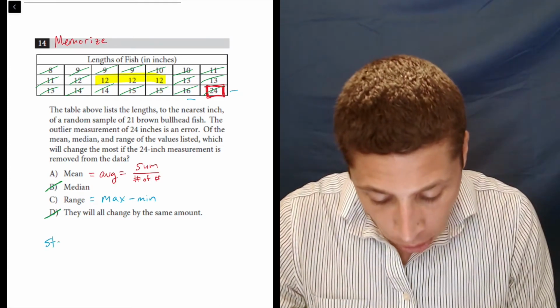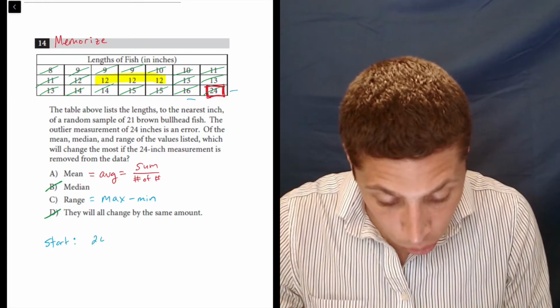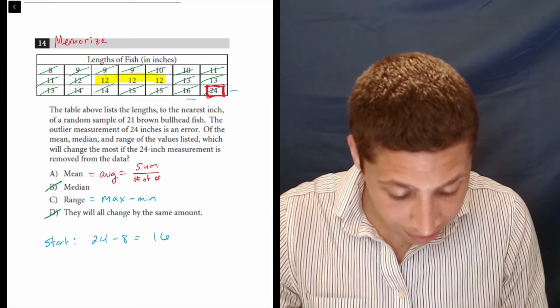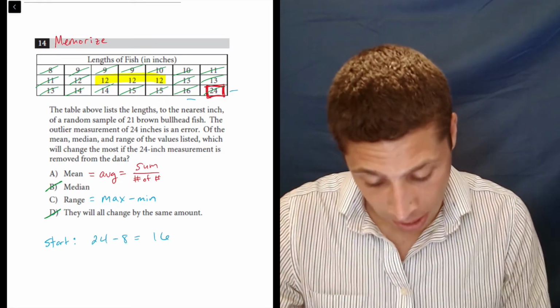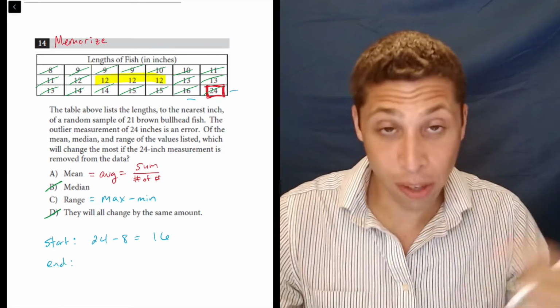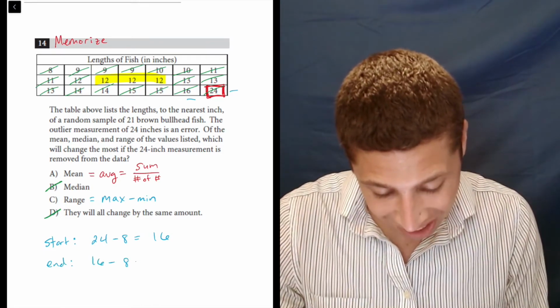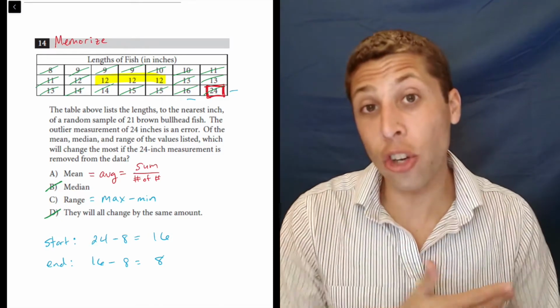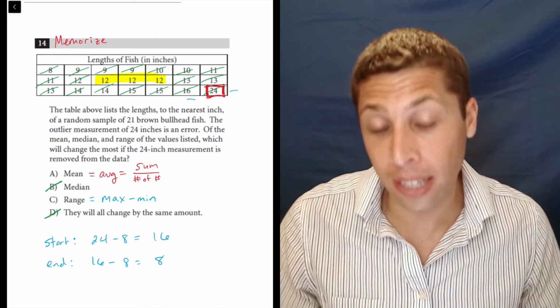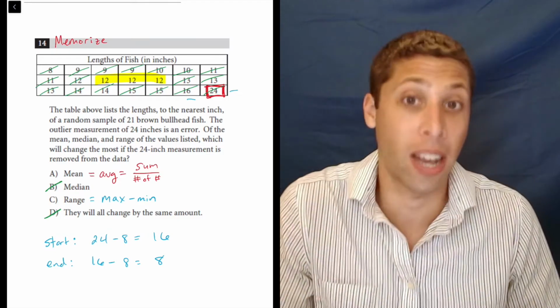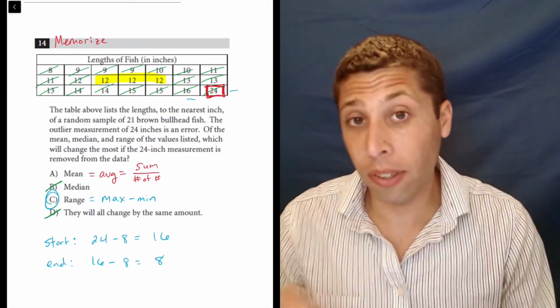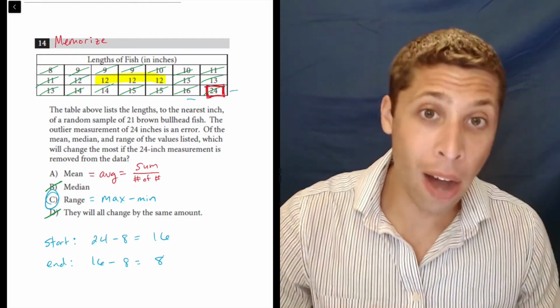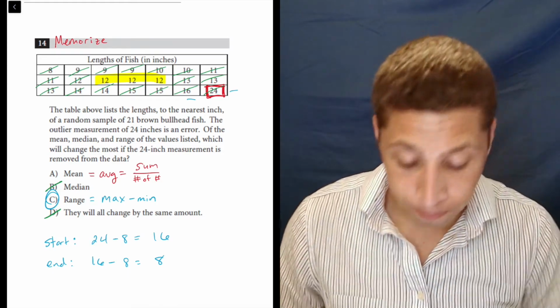So my starting range is 24 minus 8, 16 inches. If I remove that 24, though, my new range is 16 minus 8. That's just 8 inches. That's a huge difference. There is no possible way the mean is going to move by that much. It's just not going to happen. So I would confidently pick C here without calculating the average.